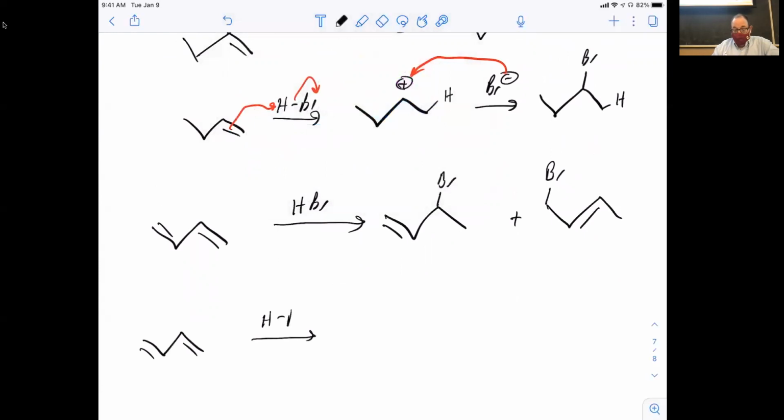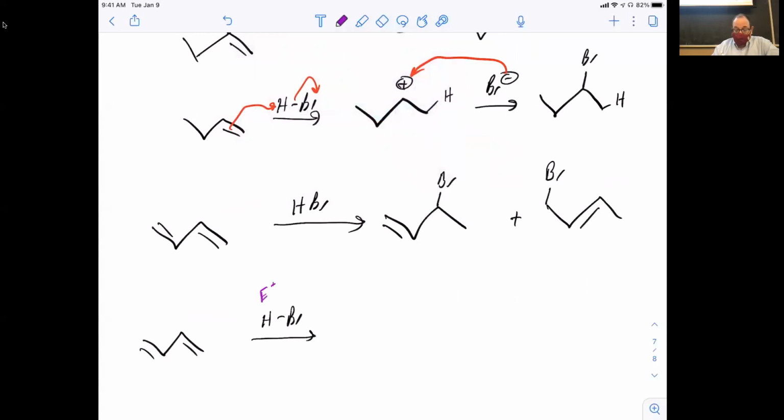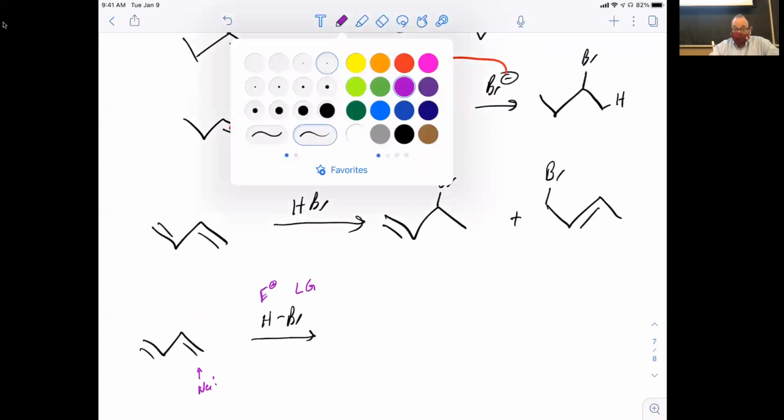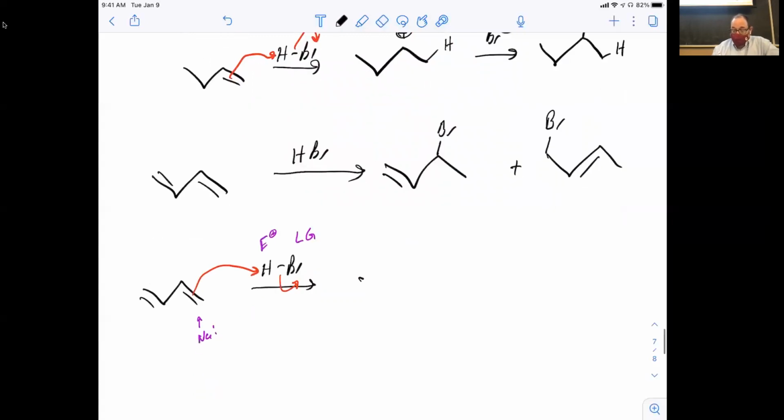Let's go ahead and label them this time. So we have our electrophilic position, we got our leaving group, we got our nucleophile. It's symmetric, so either side could be my nucleophile. That's going to react with the electrophile. My leaving group is going to leave. And then that's going to create this carbocation.